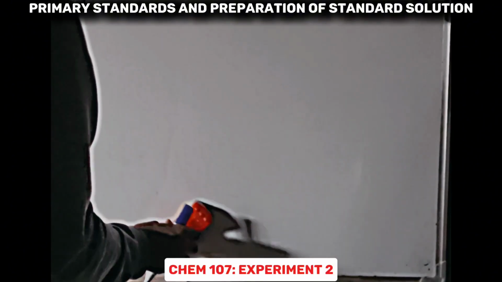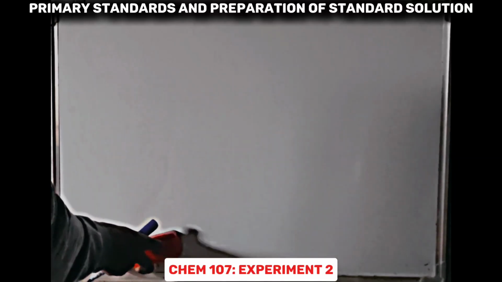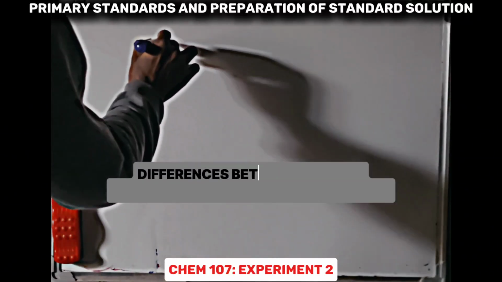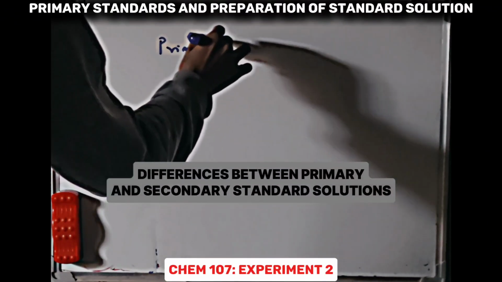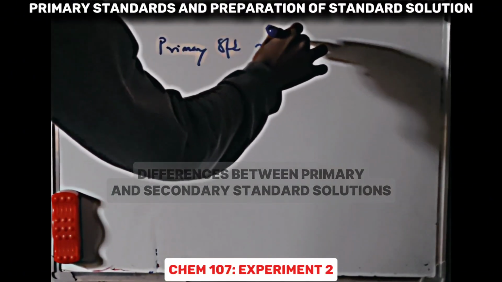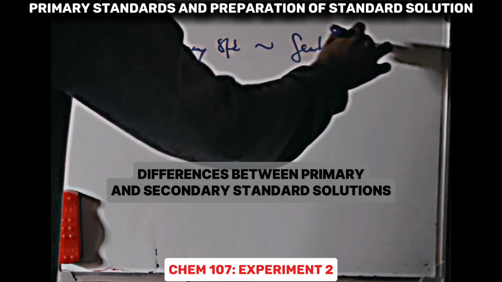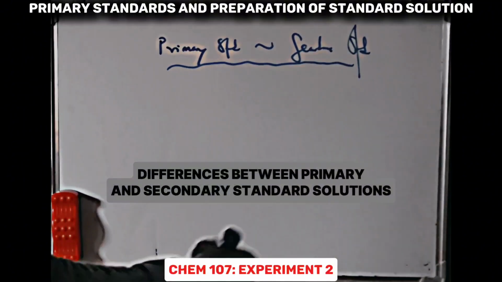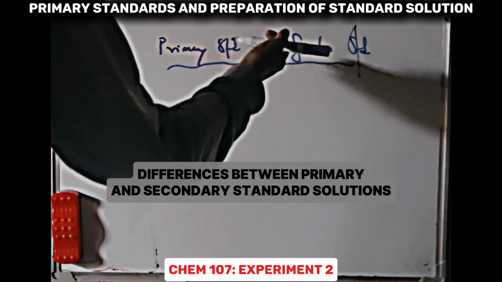Now, before we go into preparation of standard solution and how to calculate the amount in grams, I need you guys to know the difference between a primary standard and a secondary standard. There are differences, alright? It's important because in the course of your experiments that you are yet to conduct, you'll be seeing these terms.